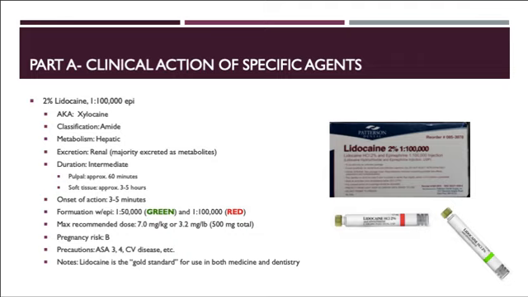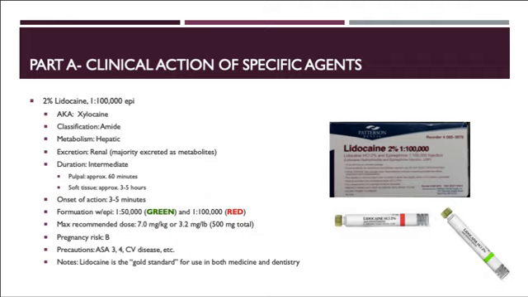Now, we talked a little bit about the recommended maximum doses. By weight, the relative maximum dose can be calculated, and the maximum dose by weight is 7 milligrams per kilogram or 3.2 milligrams per pound for lidocaine. The absolute maximum dose is 500 milligrams. That means that you don't ever want to give anybody more than 500 milligrams.